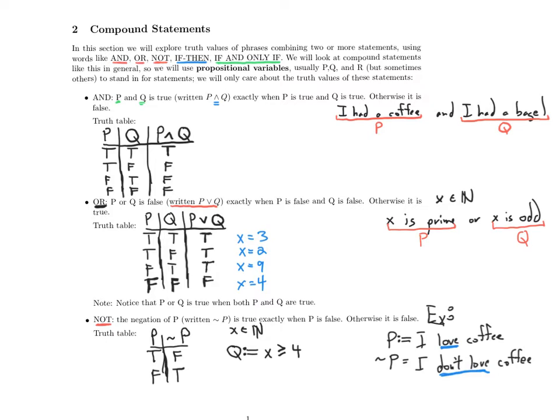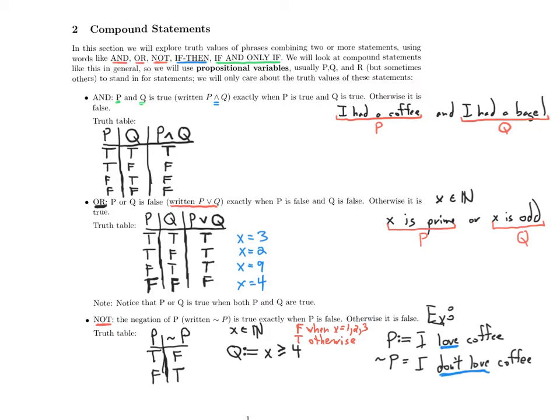Remember, this is an open sentence, so it's going to be true for some values and false for some others. Well, it's false if X equals 1, 2, or 3. Remember, counting numbers are 1, 2, 3, 4, 5, all the way to infinity. So this is false when X is 1, 2, or 3. And if it's 4 or bigger, then it's true. So it's true otherwise.